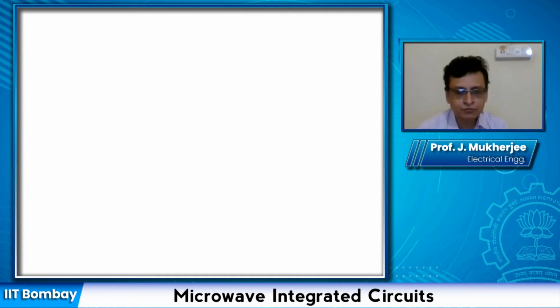In the previous two parts, we discussed the theory of small reflections and the analysis of multi-section transformers. So in part 2, we saw how to find the input reflection coefficient of a multi-section transformer. And I also mentioned that what we were doing there was analyzing. We were given a certain multi-section transformer with the characteristic impedances of the various sections.